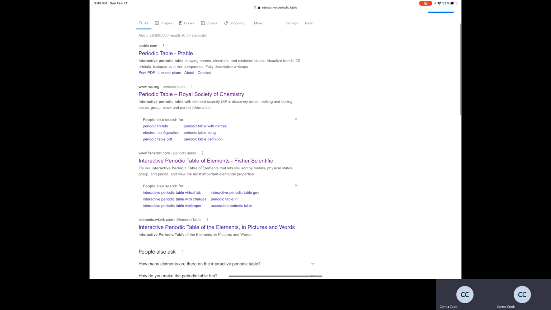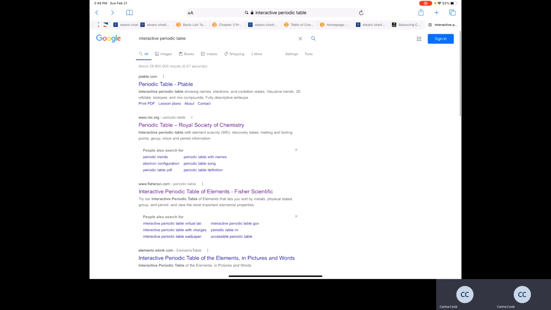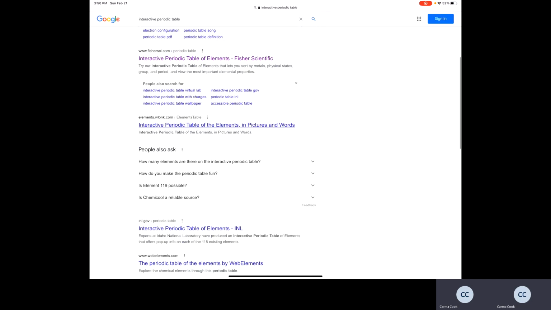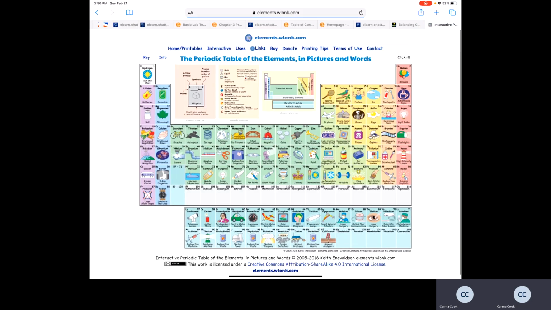I want one with the group numbers, the 1A and the 1B and so on and so forth.